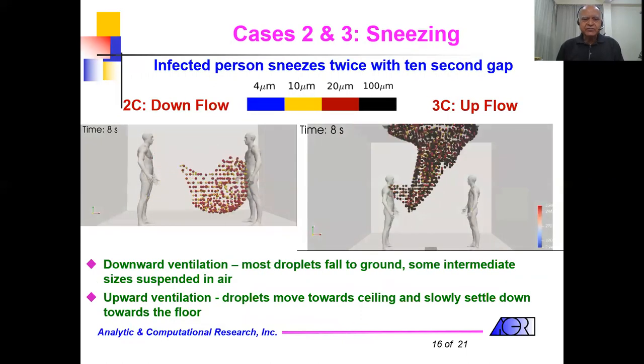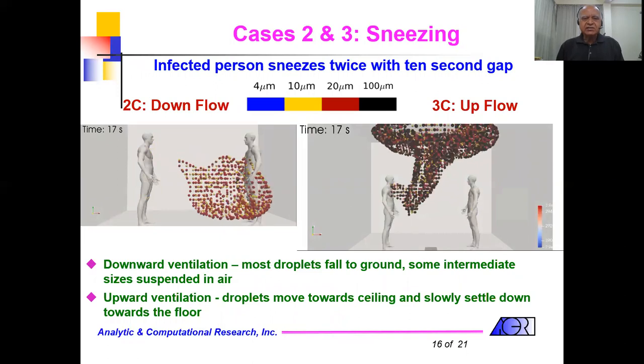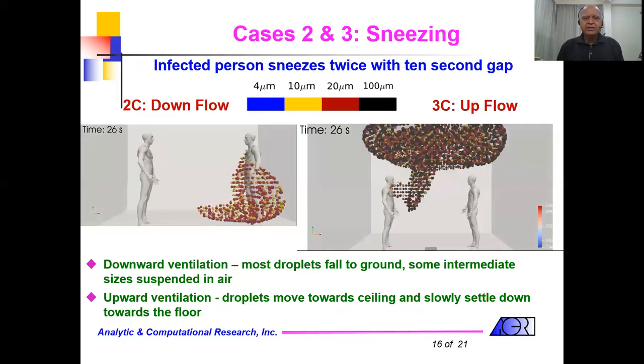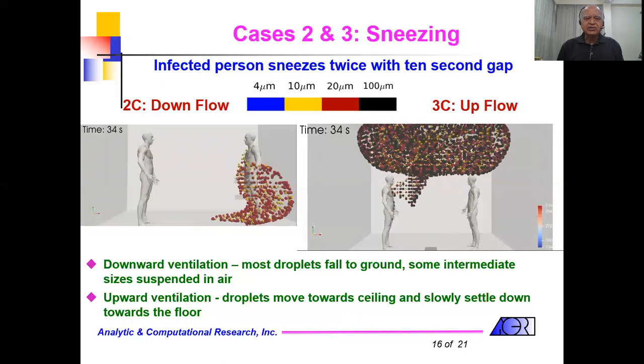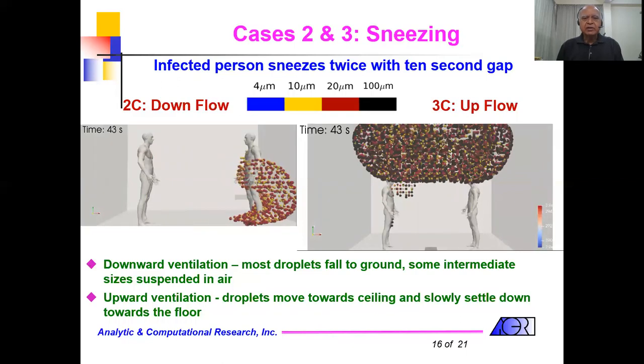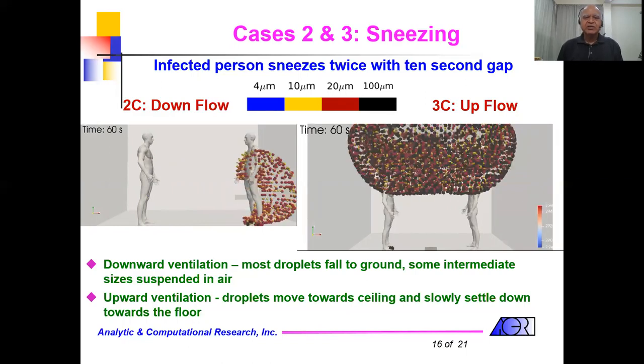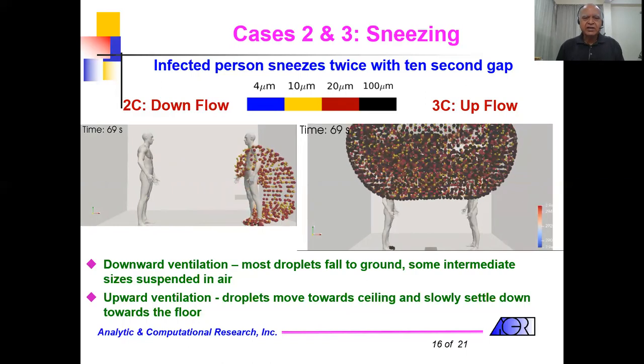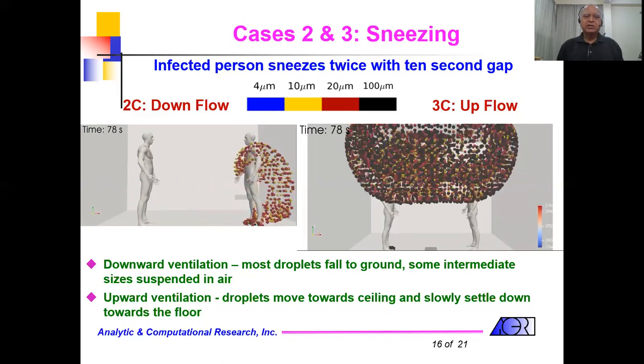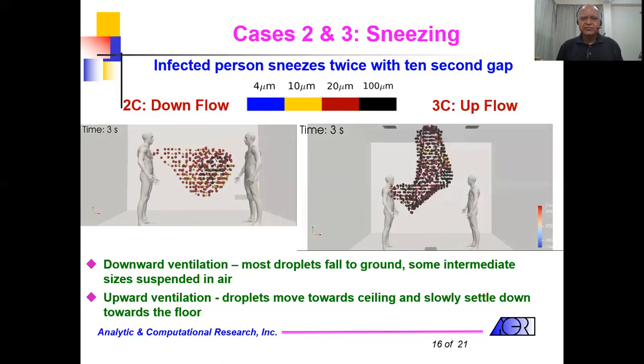What about sneezing? The final case I'll consider. And here, during the downward ventilation, again, the same thing happens. Most droplets fall to the ground, and some intermediate sizes are suspended and eventually reach the height of the infected person.